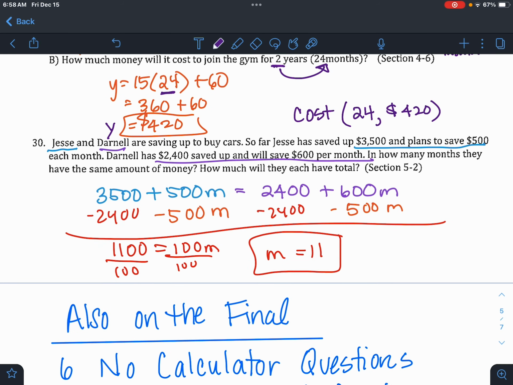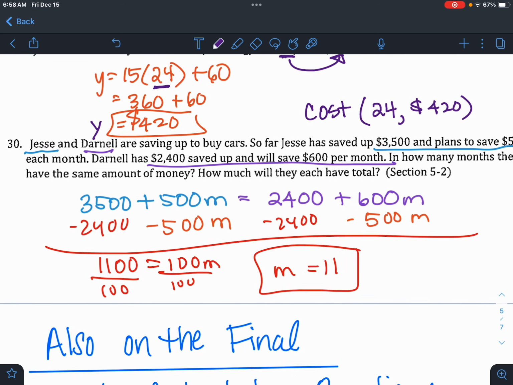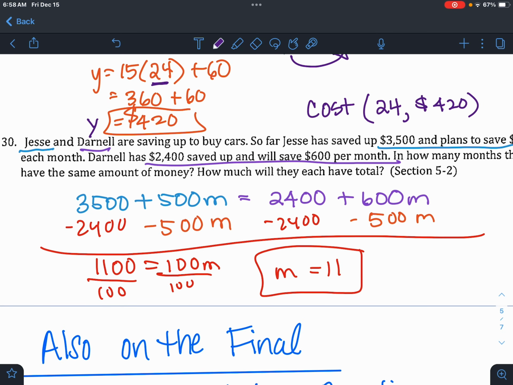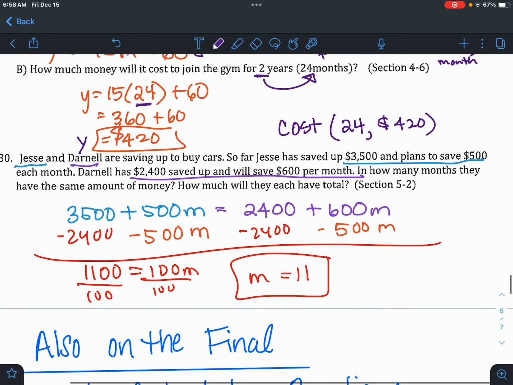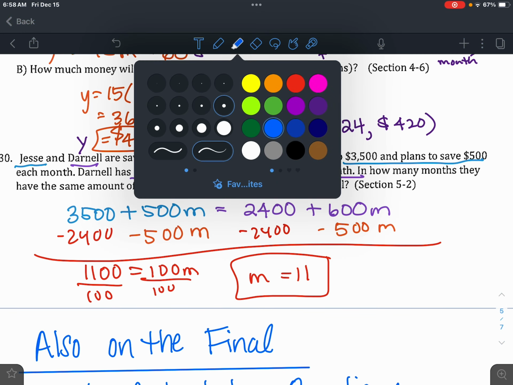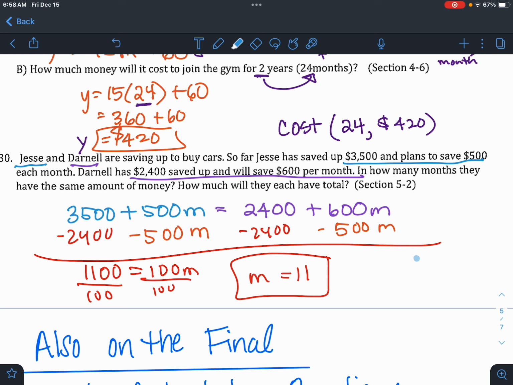Number 30, we have Jess and Darnell saving up to buy cars. And on these equations, this could be an inequality, or this is just when they're the same, but we know that we can write these out. So let me just get to the right color here. Okay, so Jesse in this light blue color has $3,500 and he's going to save $500 a month, right?